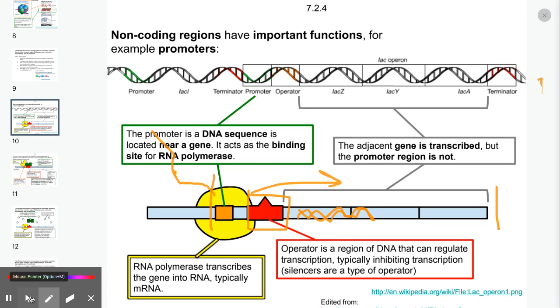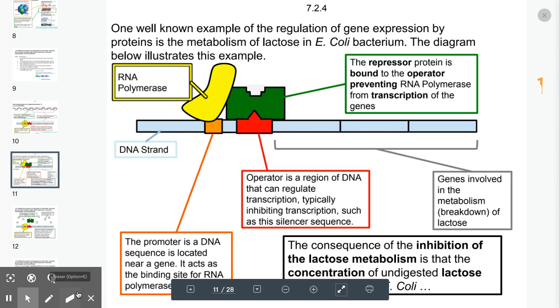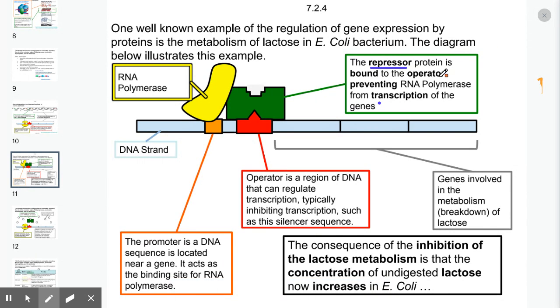Okay, so let's talk a little specifics. So in this example, that big green blob is an inhibitor. Here we're calling it a repressor. These are called transcription factors. So transcription factors are proteins that either help or slow down transcription. So that's our transcription factor here, the green, called a repressor.